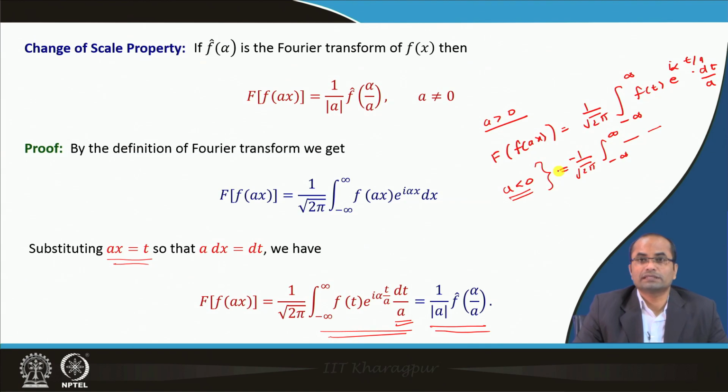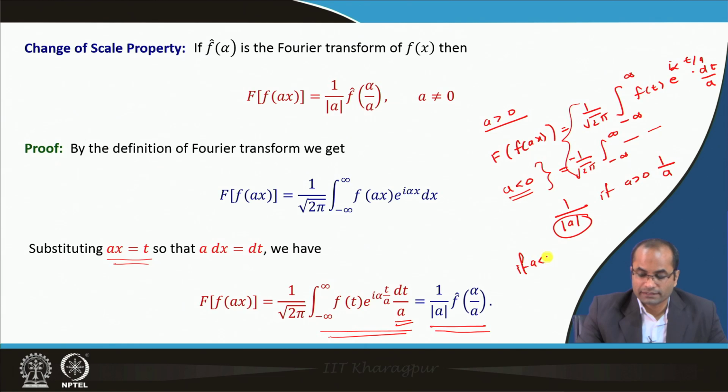Irrespective of the sign of a, if we change this to the absolute value of a, 1 divided by the absolute value of a will take care of the sign, because if a is positive, then 1 over modulus a will be 1 over a, and if a is negative, then it will become 1 over minus a.